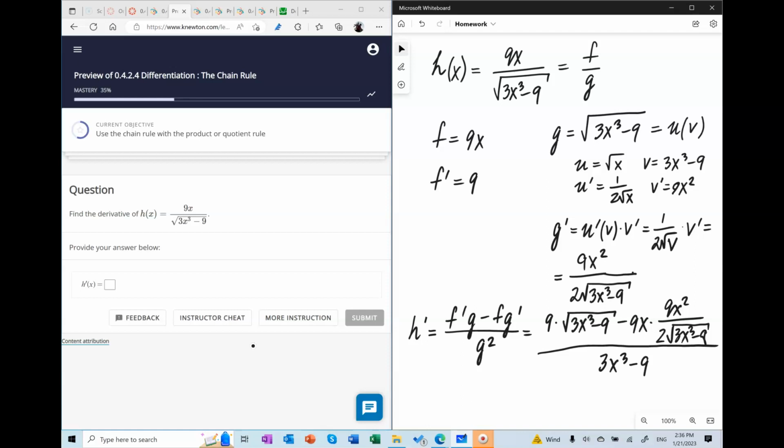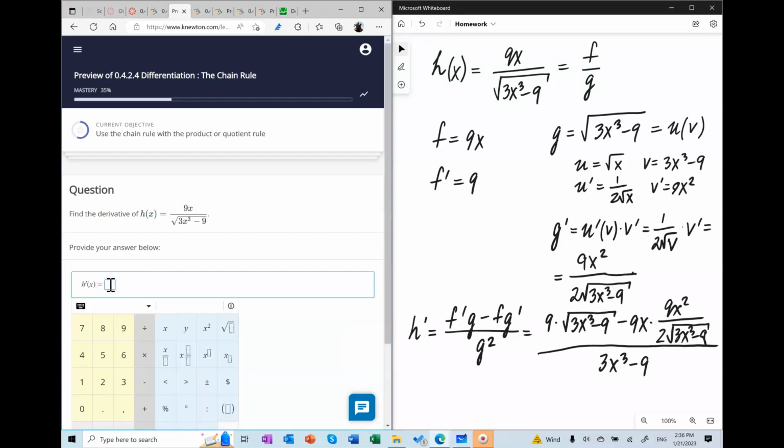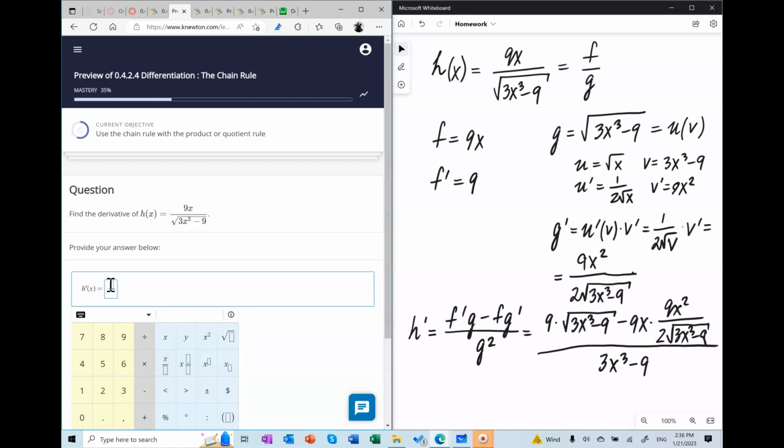And of course this can probably be simplified and reduced, but that's not the purpose of this exercise, so we're just going to copy everything over.